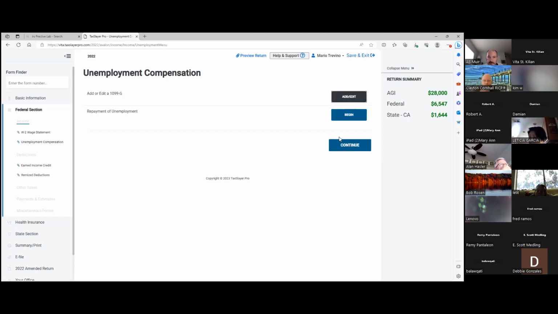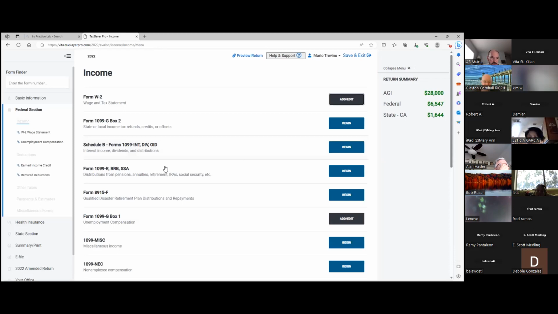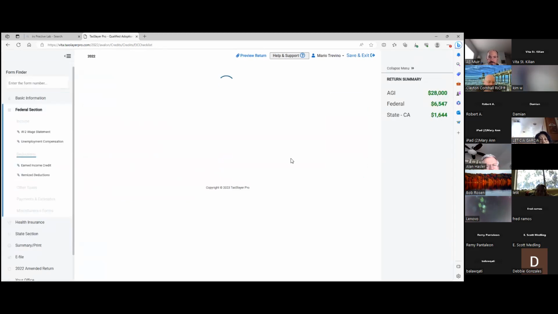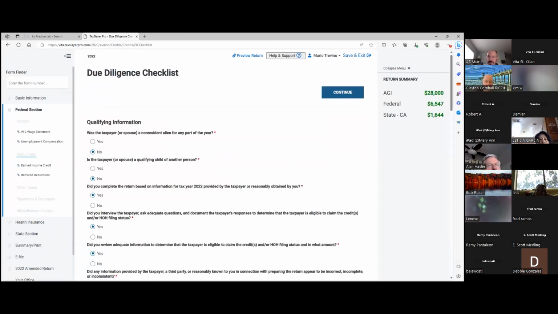All right. And so now we're done with that. We're going to go over to our earned income credit. And the due diligence, as it says in the language, is not going to be reflected in the software that we're going to be using when we're preparing live tax returns.